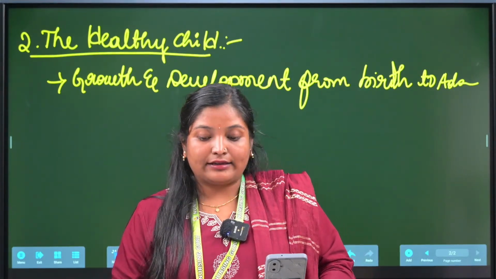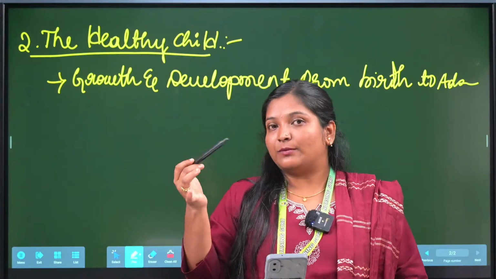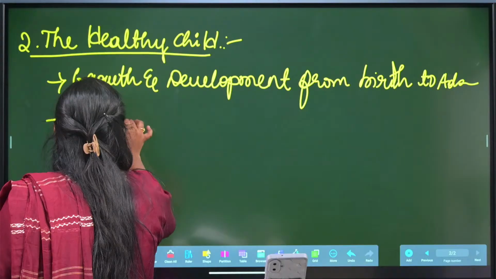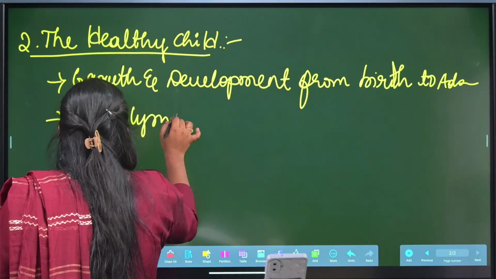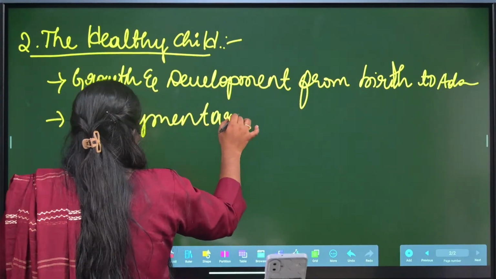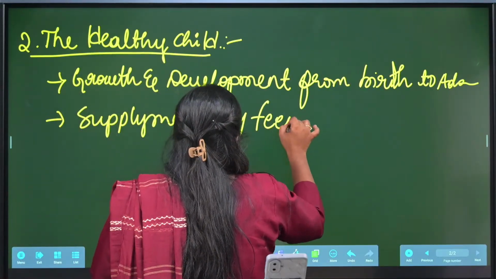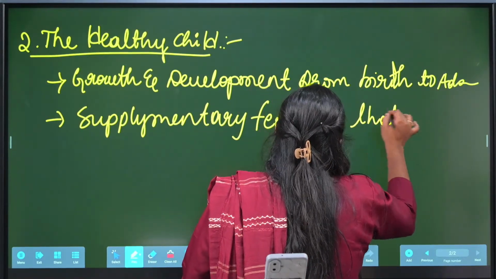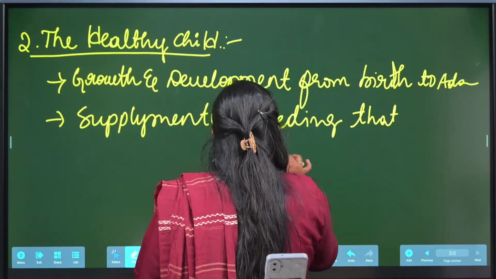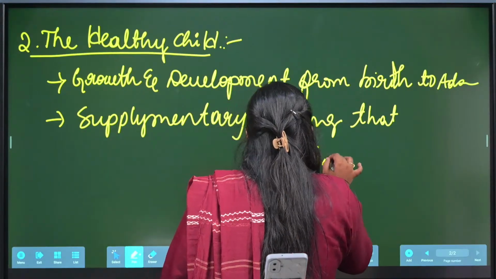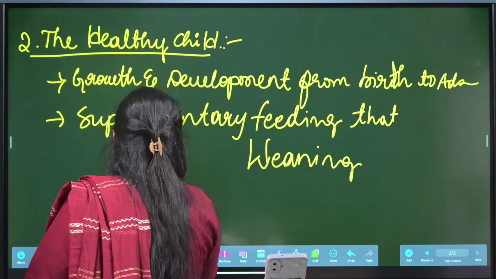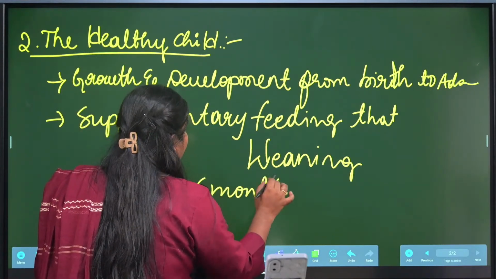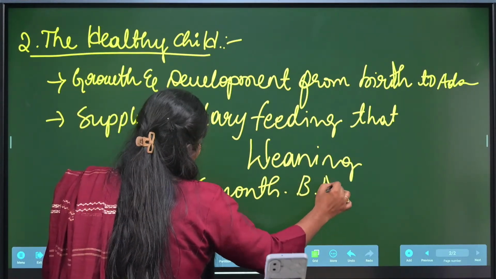Before going to the baby friendly concept, one more is there, that is supplementary feeding. Supplementary feeding is weaning, we will call it weaning. Up to 6 months the baby depends on breast milk, right?